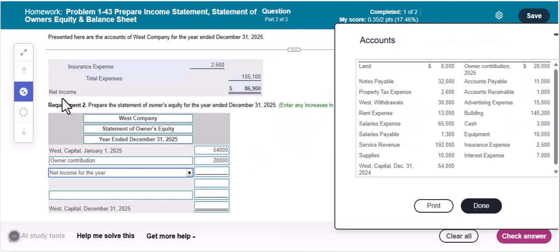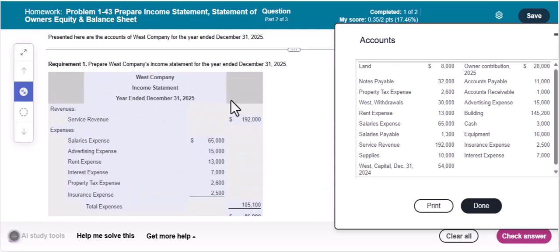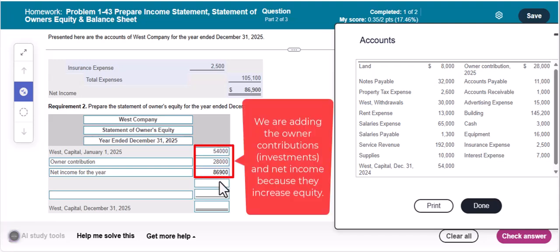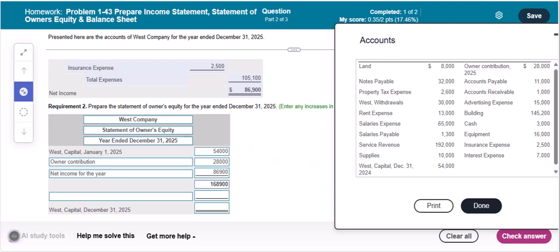So that net income, again, is coming from up here that we calculated for that 86,900. And that comes from our income statement that we did first. And then the publisher likes to do a total here, so we add these 3 together, the beginning capital, owner's contribution, and net income for the year. And when we add those up, we're going to get 168,900.